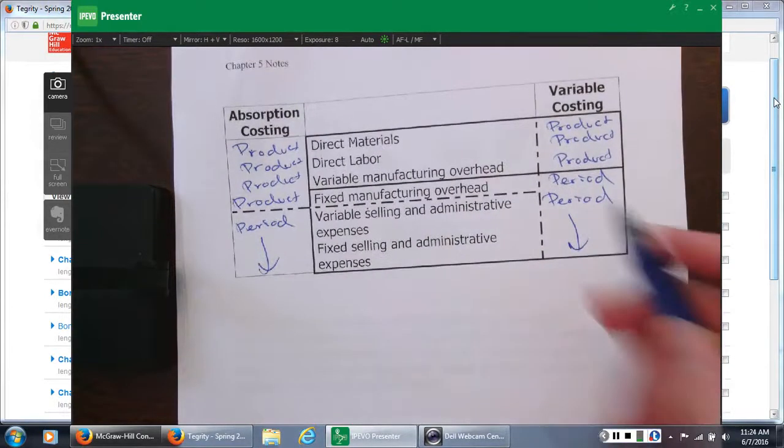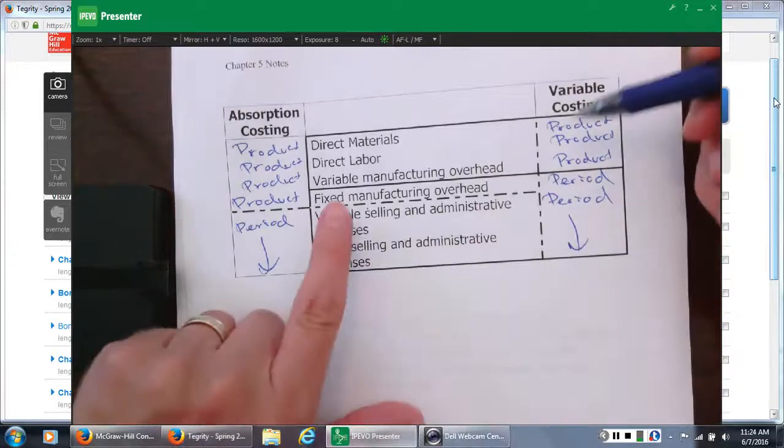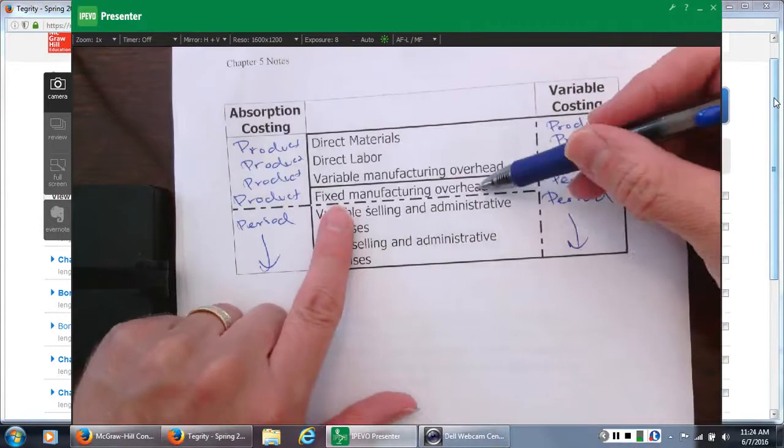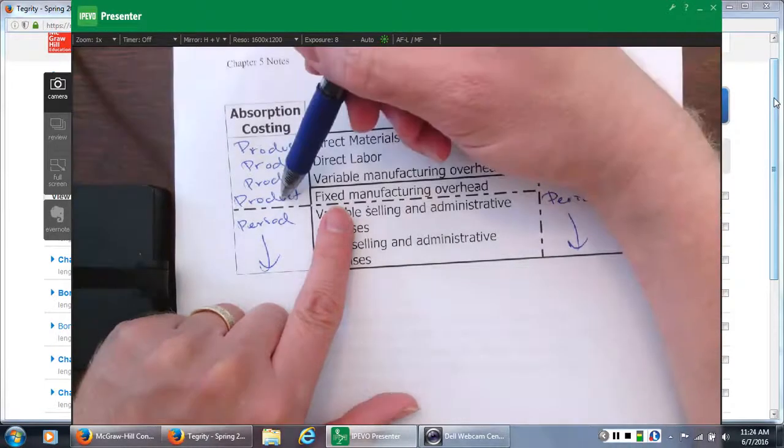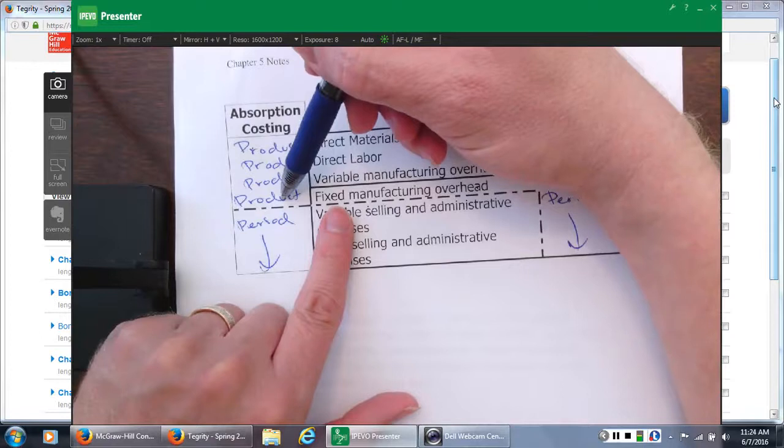So the difference between the two methods, again, is this treatment of fixed overhead. That's all it is. That's the difference. Okay. Here it's a period cost, which means it comes out in that accounting period. Product cost over here, which means it would show up in cost of goods sold when we sell the goods.